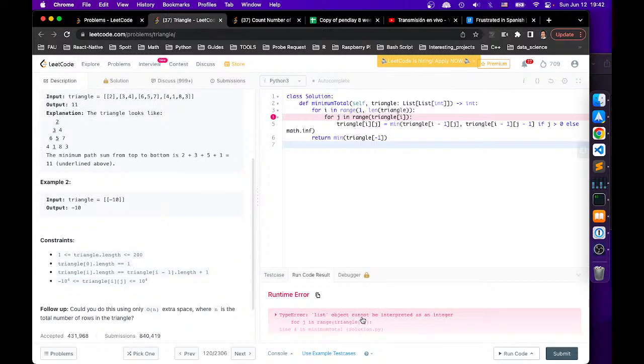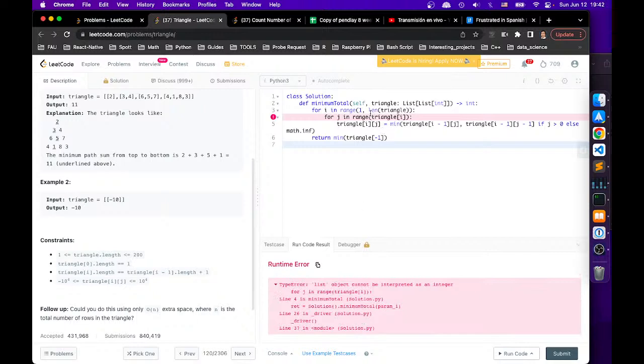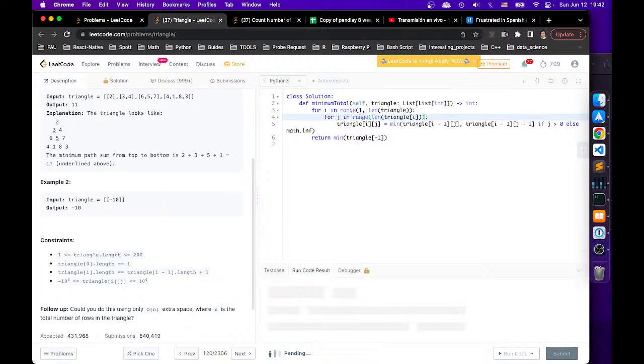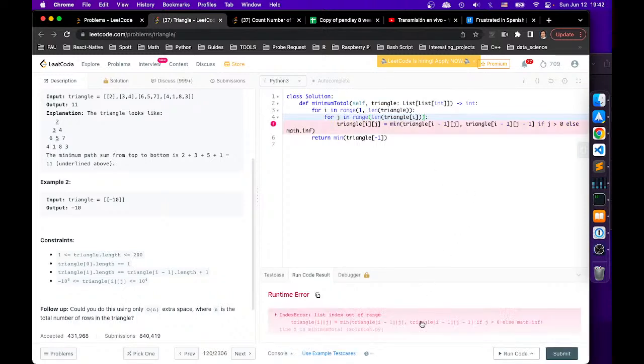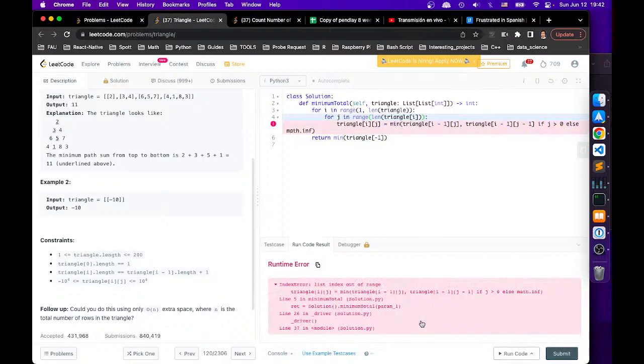Cannot be interpreted as integer for j in range. Oh, come on, man. That was my bad. List out of range. What the hell? How do we have a list out of range?